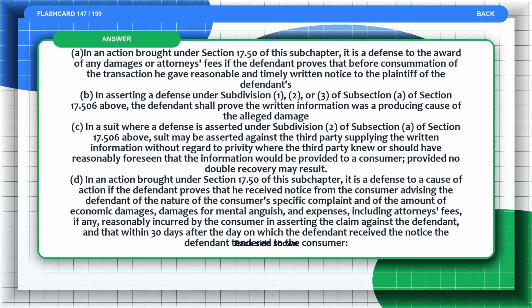D. In an action brought under section 17.5 of this subchapter, it is a defense to a cause of action if the defendant proves that he received notice from the consumer advising the defendant of the nature of the consumer's specific complaint and of the amount of economic damages for mental anguish, and expenses, including attorney's fees, if any, reasonably incurred by the consumer in asserting the claim against the defendant, and that within 30 days after the day on which the defendant received the notice the defendant tendered to the consumer.